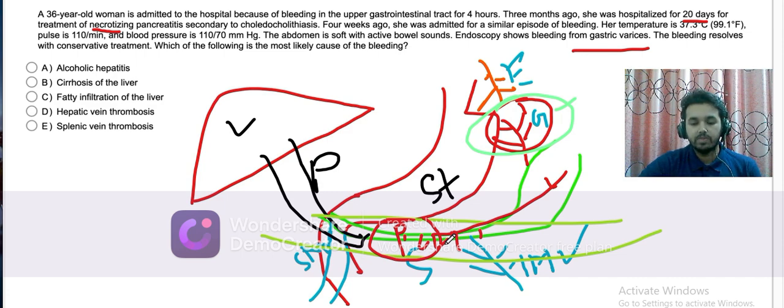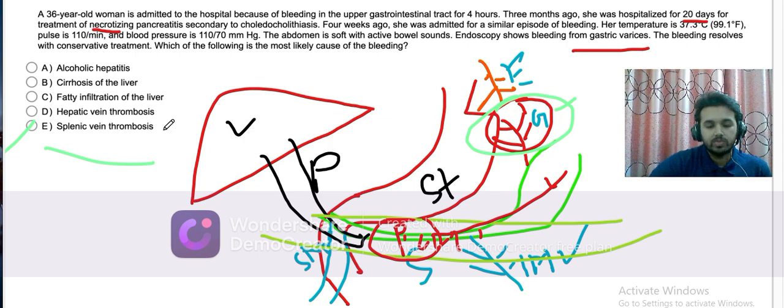That's why splenic vein thrombosis occurs or something else. That's why the blood flows back, and in the gastric veins there is bleeding from the gastric varices. Okay, you can understand. So what will be the answer? The correct answer is splenic vein thrombosis.